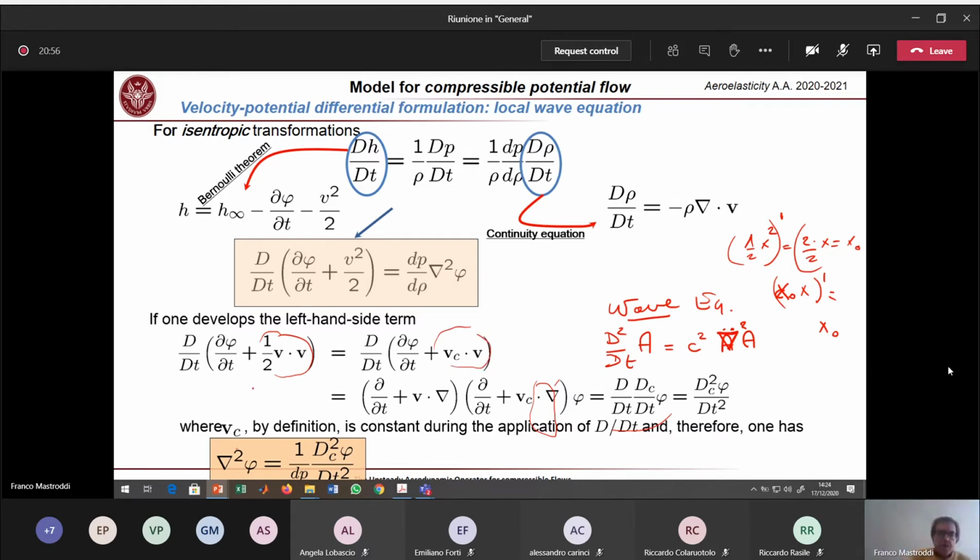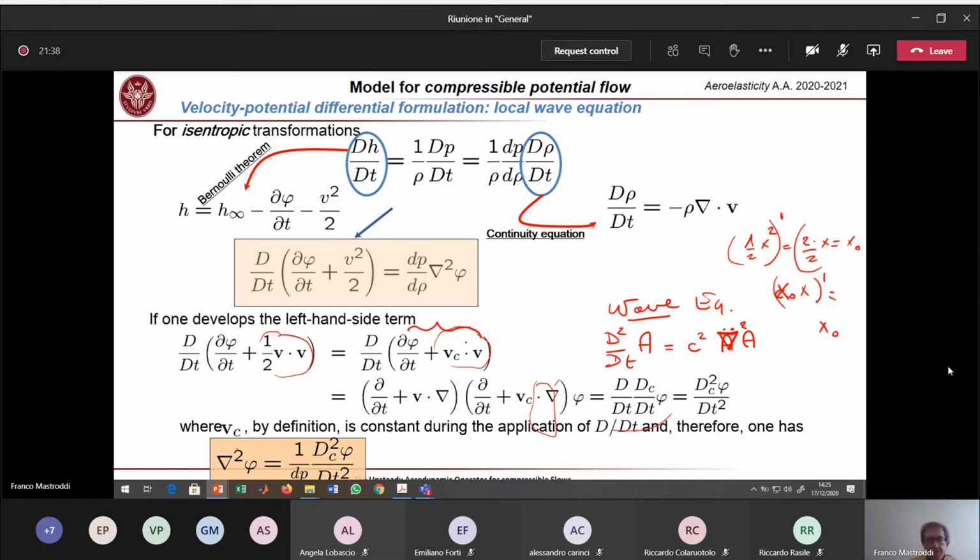And if you see this quantity as a constant velocity by the actual velocity, this derivative is now a convective derivative representing the substantial time derivative in a frame of reference which is moving with the constant value of the particle velocity at such a time. What I mean, if you are studying a flow, in general, the velocity of the particle is a quantity varying in time.